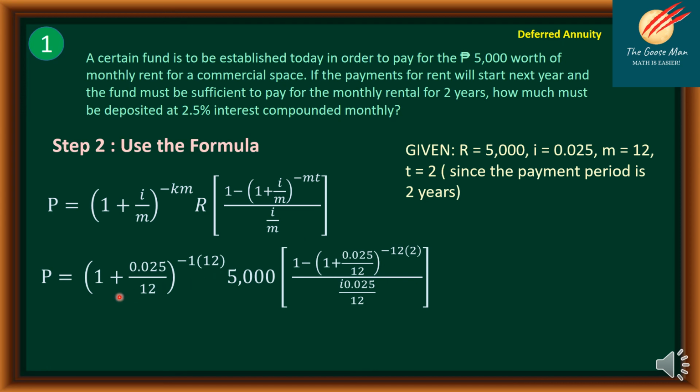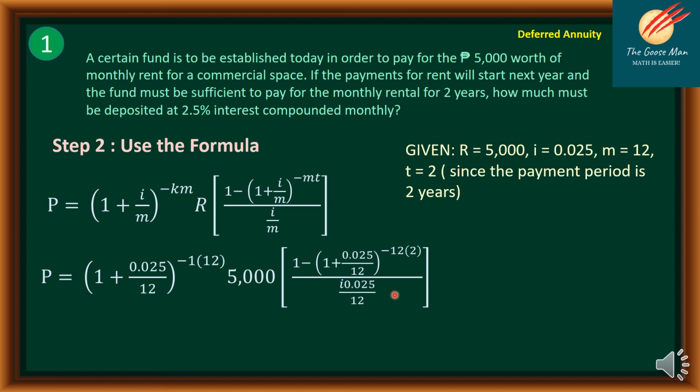So we have the expression (1 + 0.025/12) raised to negative 1 times 12, times 5,000, times the expression [1 - (1 + 0.025/12) raised to negative 12 times 2] all over 0.025 divided by 12.